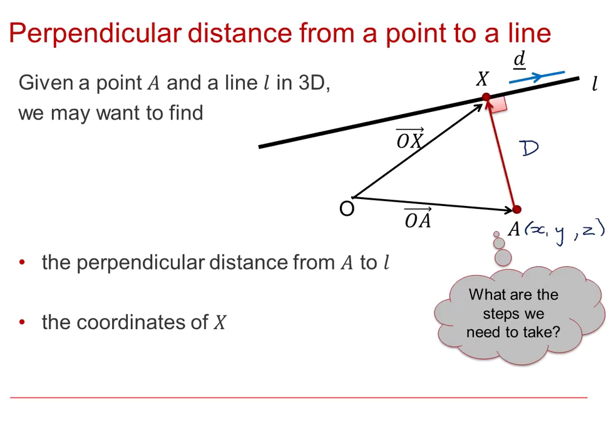Therefore, the vector from A to X still needs to be perpendicular to this line L, and this fixes this point X. Once we know X, then we can find AX, and hence the magnitude of AX will give us the distance that we're interested in.